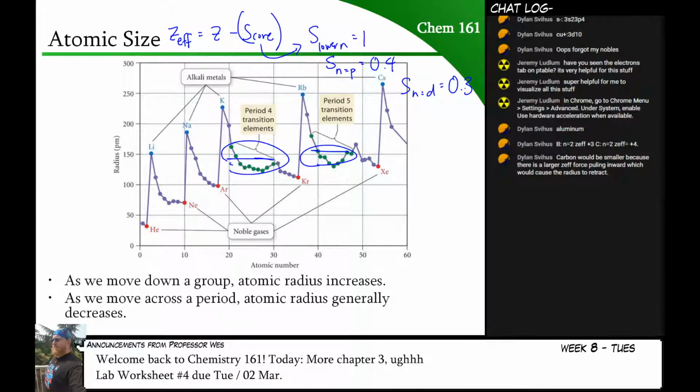It's stuff like this. I don't remember what the exact numbers are, but instead of doing S minus core, you have to actually tabulate all the individual electrons and assign them each a number, and that number isn't necessarily 1.